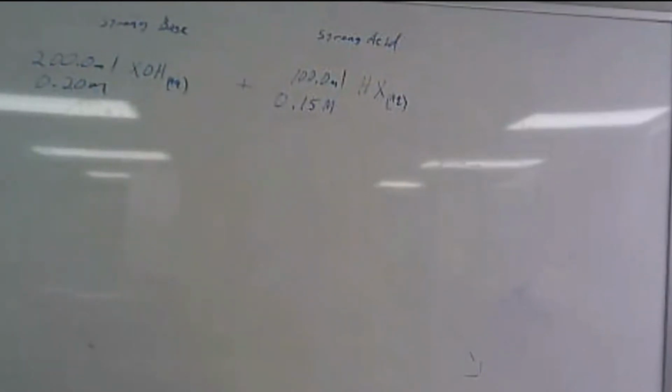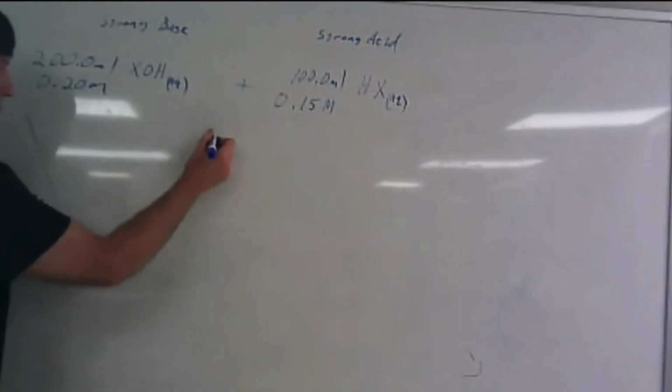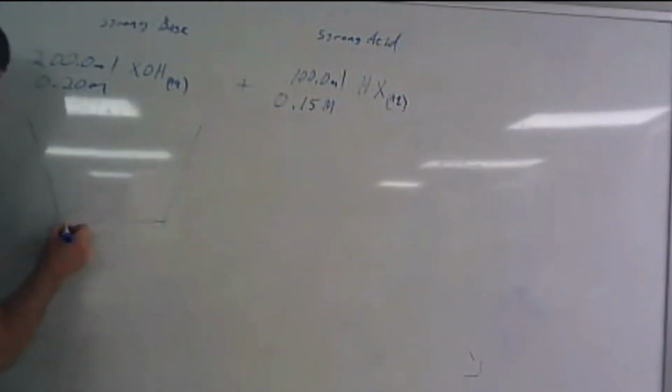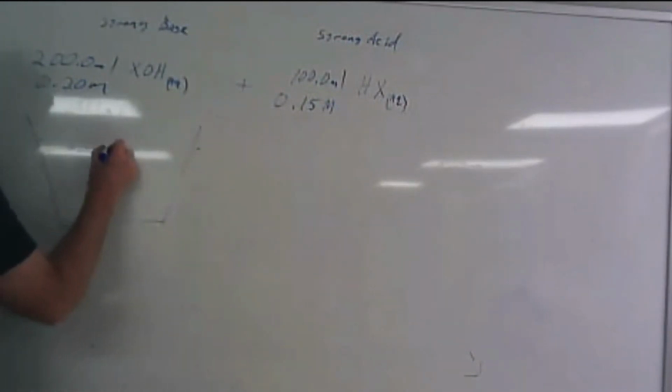You guys like the little pictures or not? Okay. So here we are. This is our solution. And there we have 200 mils.